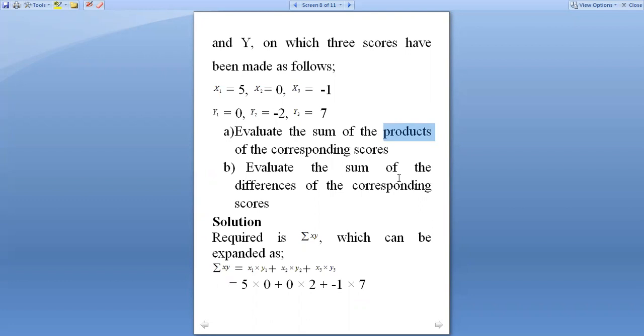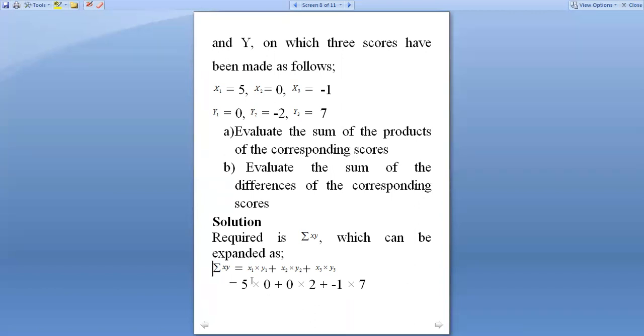As you see in this expression, summation xy is telling you to sum up the product of the corresponding observations: x1 times y1 plus x2 times y2 plus x3 times y3.